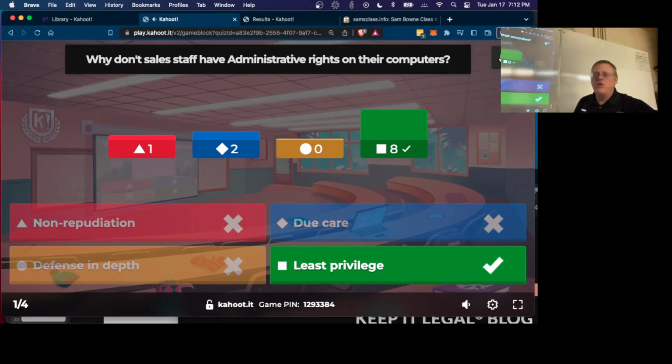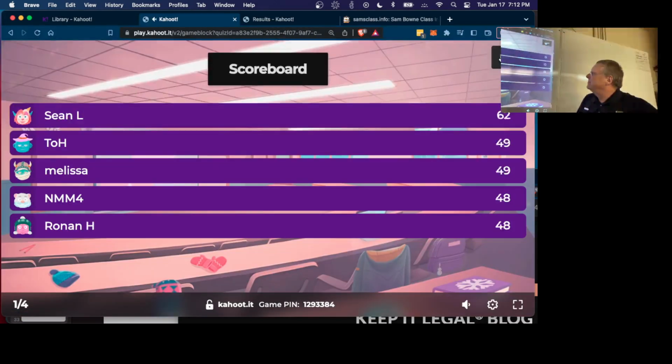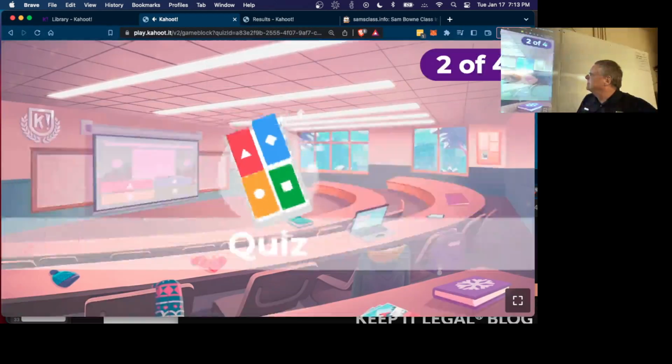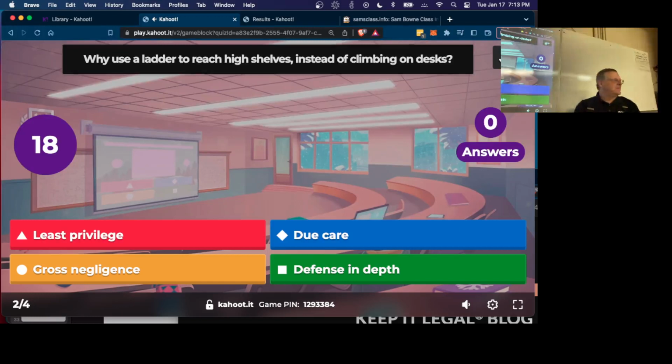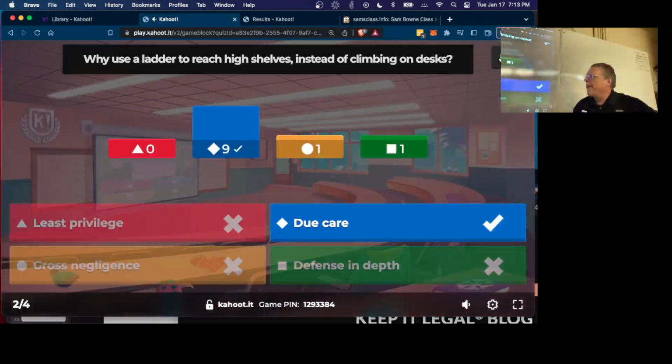The extra permissions could only get them in trouble. All right, why do you use a ladder instead of climbing on the desks? That's due care. Doing things the smart way instead of the stupid way.